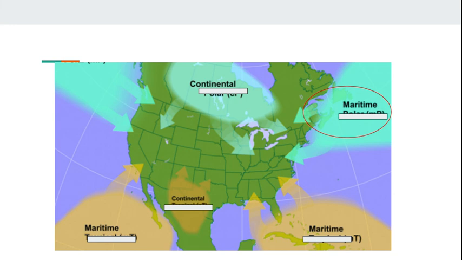This air mass is going to be high in humidity and high in moisture because of its access to this water. Now, there's a second maritime air mass in the south, closer to Florida. This air mass is also formed over water, so it is going to have lots of humidity and moisture.